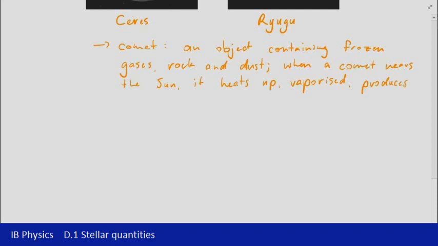Now, a coma is basically just a small atmosphere that's attached to the comet. So it produces a coma, a small atmosphere, and a tail. And that tail is always directed away from the Sun, and the reason for that is the solar wind that strips off the gases and the dust and the rock and propels it away from the comet. So in any observations or images of a comet, the tail will always be directed away from the sun.